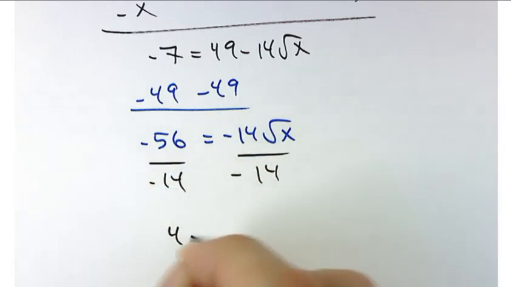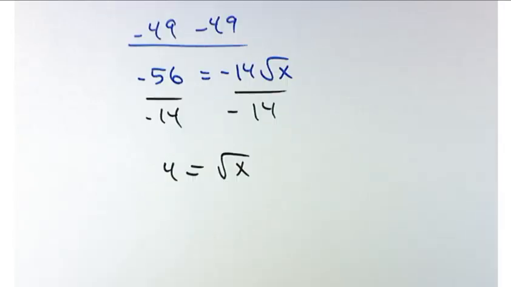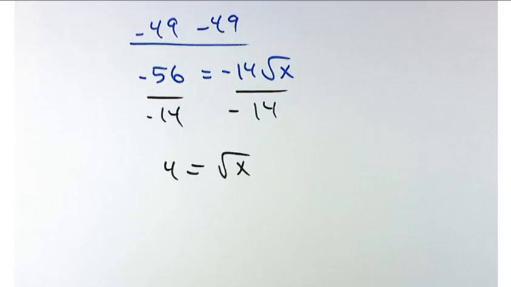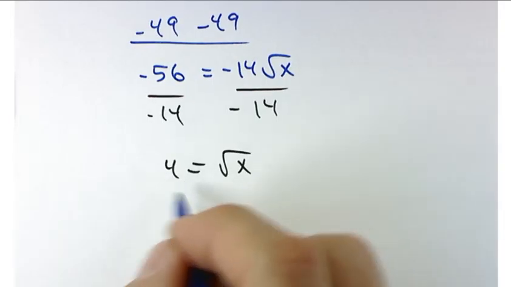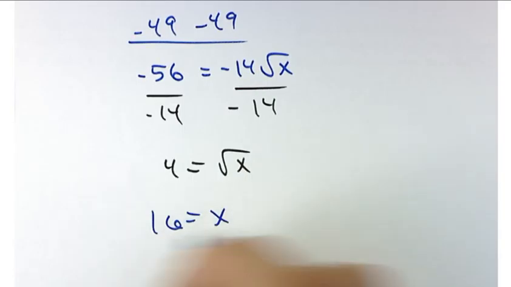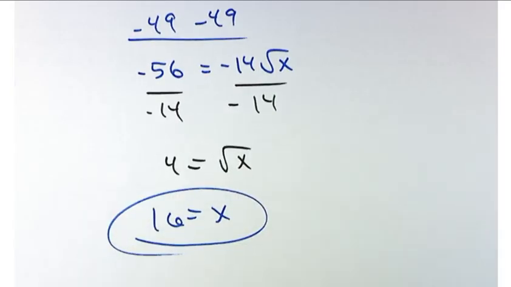And I get 4 equals the square root of x. Still not done. Square both sides. 16 equals x. And if you go way, way, way back into the beginning of the problem, that'll check. So the good news for you is I do not put these on the test. But occasionally I like to show you what I'm sparing you. All right, let's take a break here.